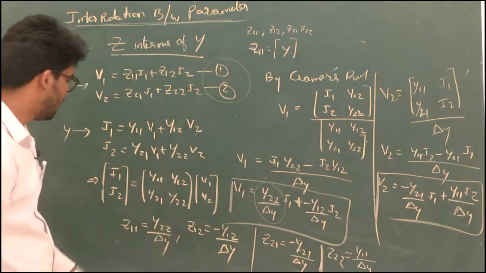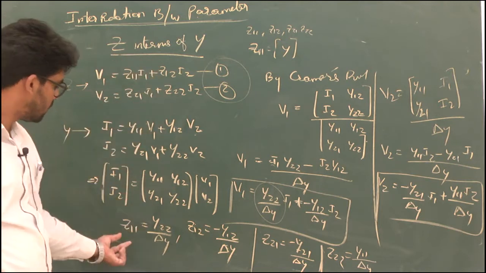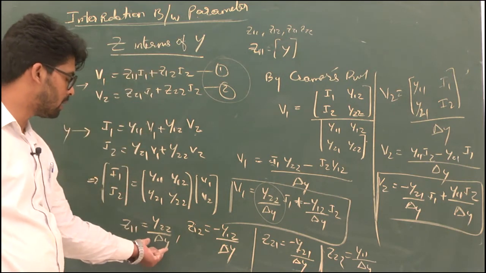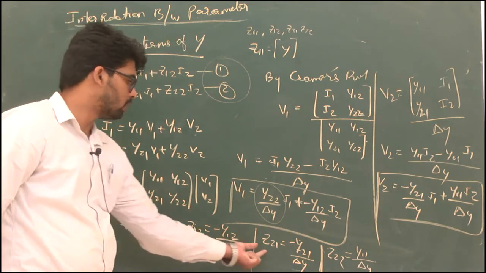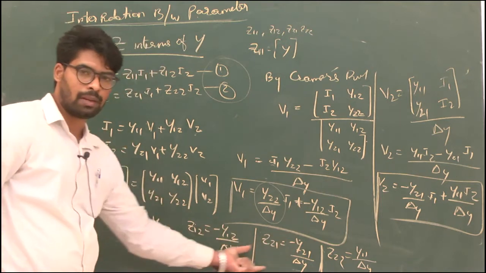So these are z11, z12, z21, z22 in terms of y parameters.